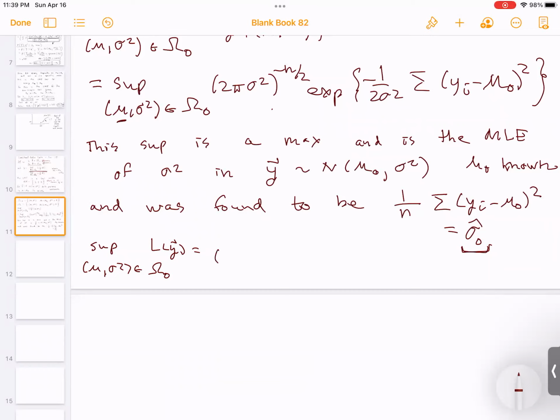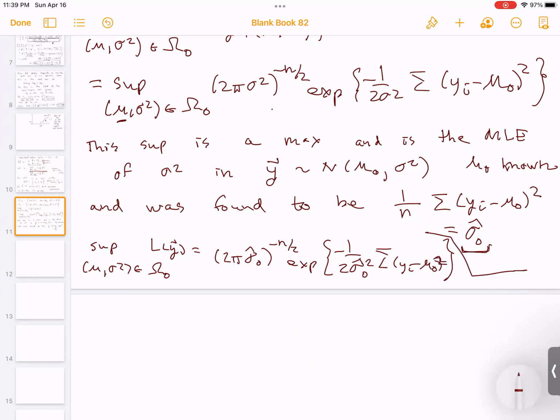So I have 2 pi sigma hat 0 squared to the minus n over 2 times exp of minus 1 over 2 sigma hat 0 squared, and now the sum of yi minus mu 0 squared. And that's it. Make sure it's squared.